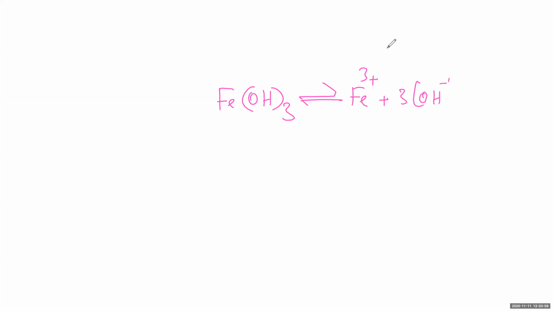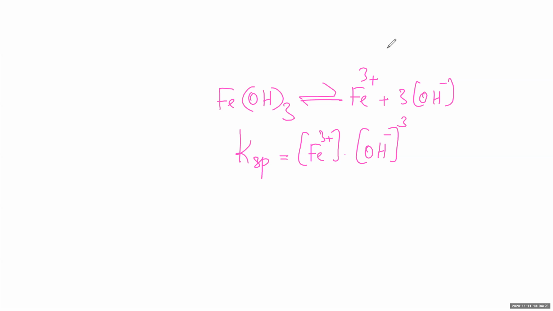And you take the product of the concentrations of the ions, and it is the solubility product of ferric hydroxide. Ksp equals the concentration of Fe plus 3 in the saturated solution times the concentration of OH minus, and here there are 3 OH minus ions.